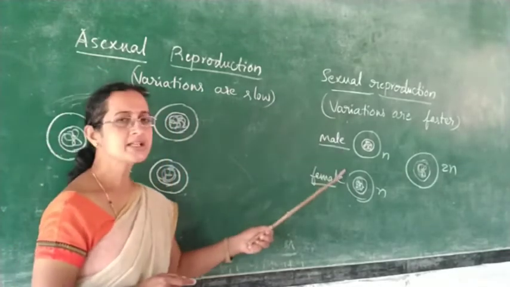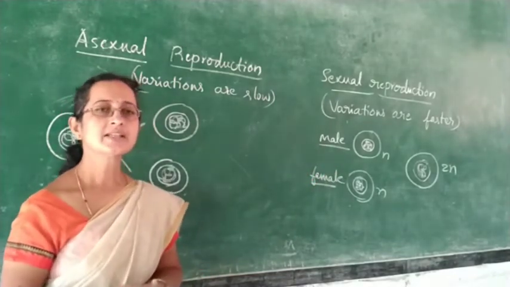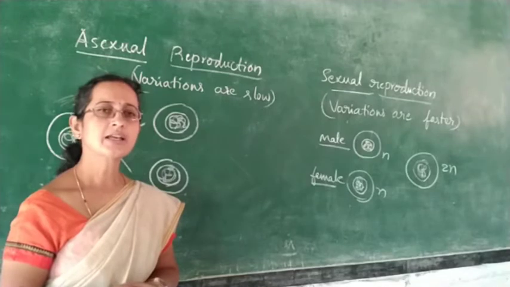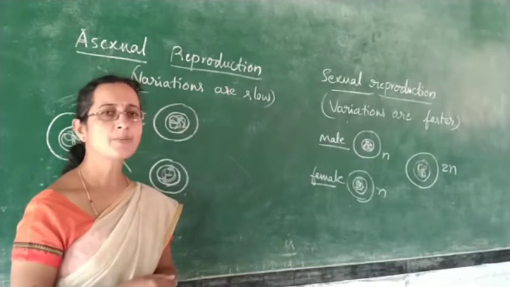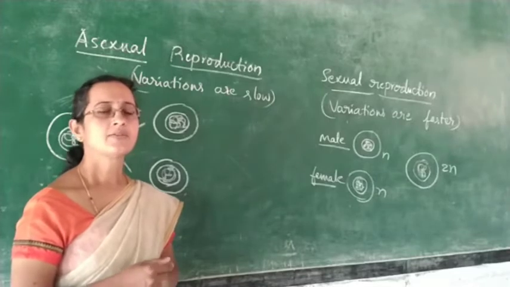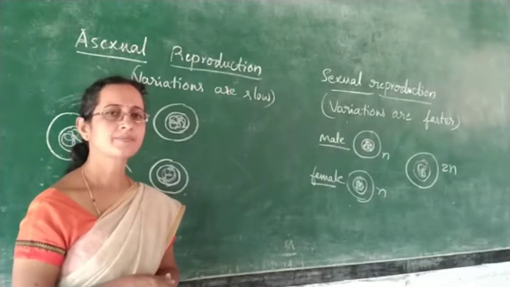The variations occurring in sexual reproduction lead to changes in the characters of the organisms, which help the organisms adapt to varying weather or climatic conditions on the earth.